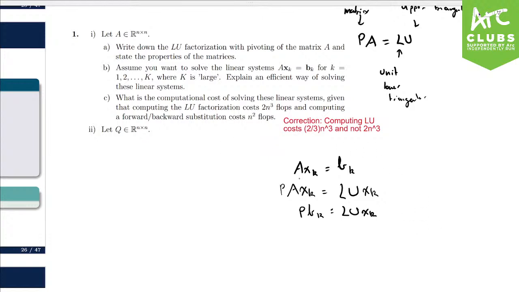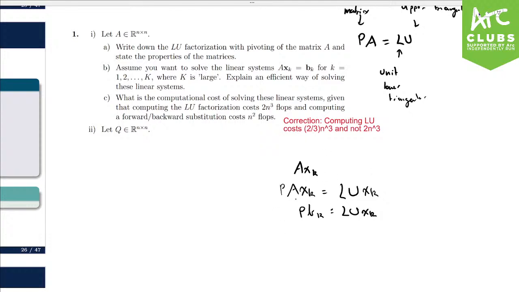So here, after multiplying P to the left side, we have PA is equal to LU. So we can write this equation like this. Actually here we don't even need to work with the b_k yet. So it's just expressing PA times x_k in terms of the LU factorization.